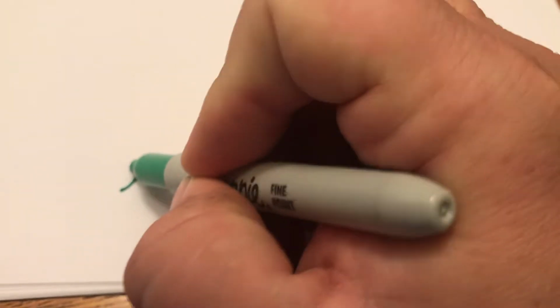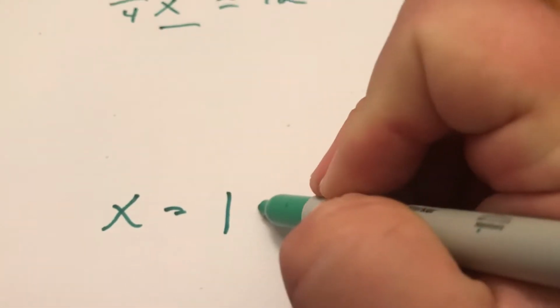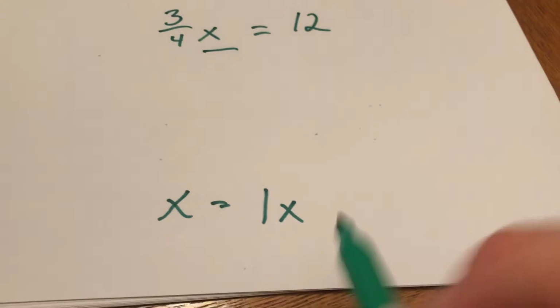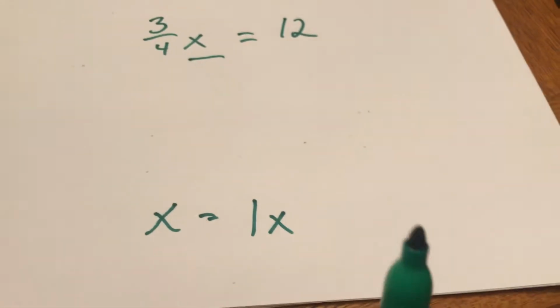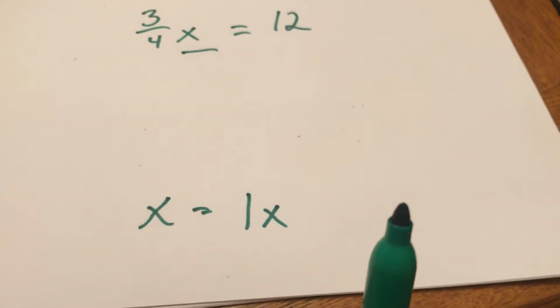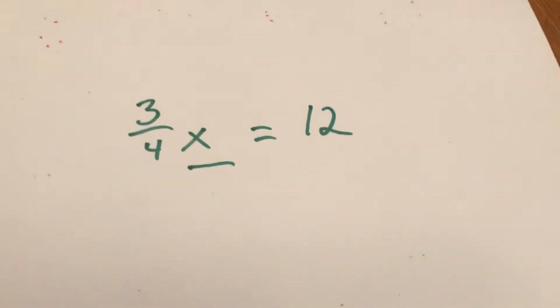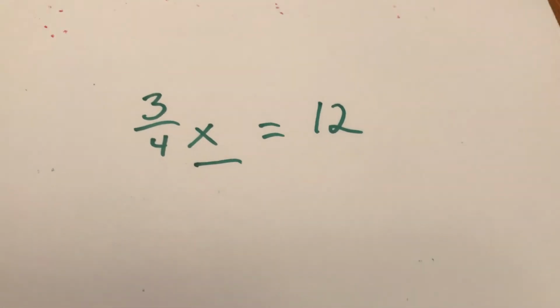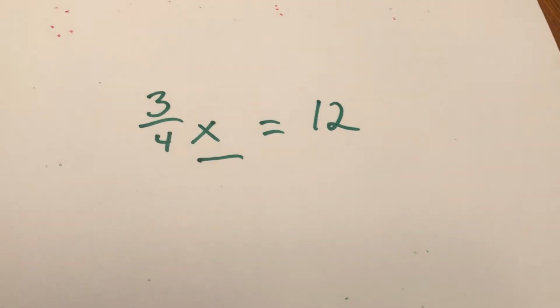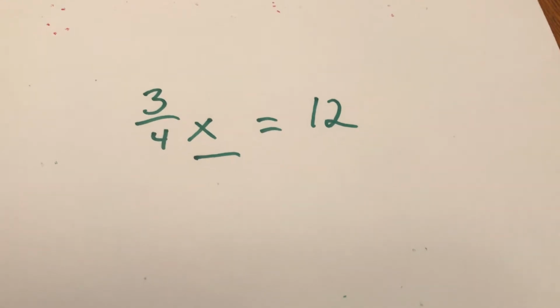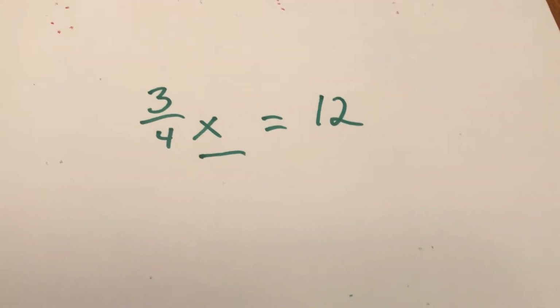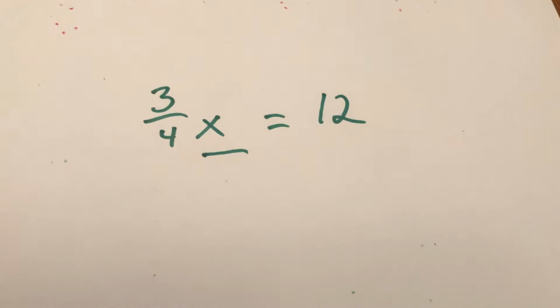Backtracking a little bit, we learned that if we have just the variable x, that's the same as saying 1x, because we are multiplying the coefficient by the variable, and if that's 1, it doesn't change the value at all. This goes with what you learned about solving equations in previous years: you want to get the variable by itself.